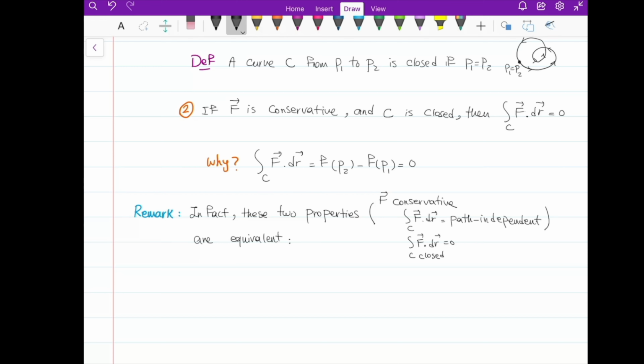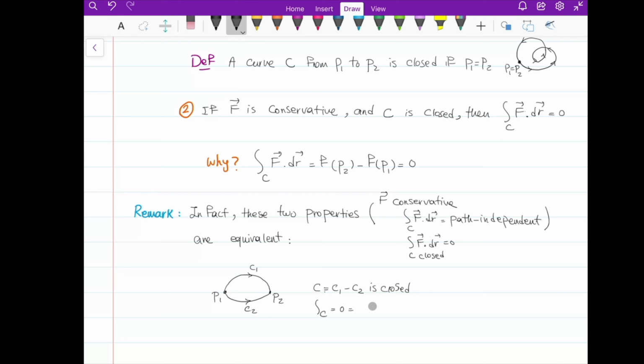Why? It's just because, we start at the point P1 and then we go to the point P2. We go along this curve C1, and then to make it closed, we go along the curve C2, so the curve C, which is equal to C1 minus C2, is closed. And so the integral over C is equal to 0, right?